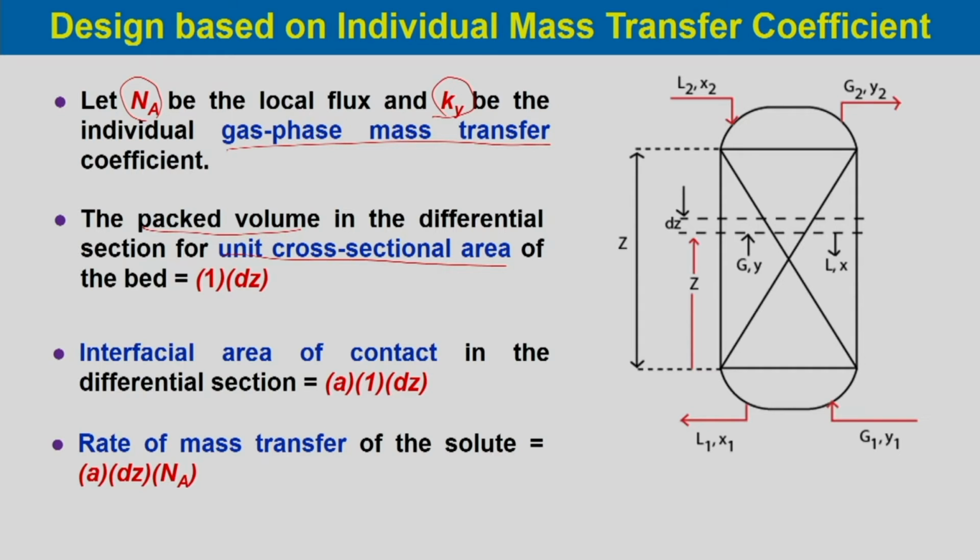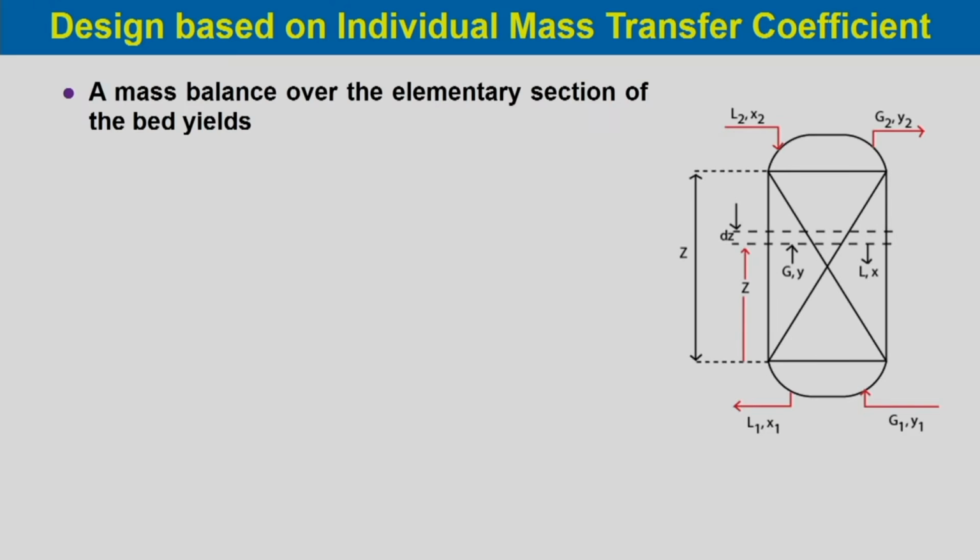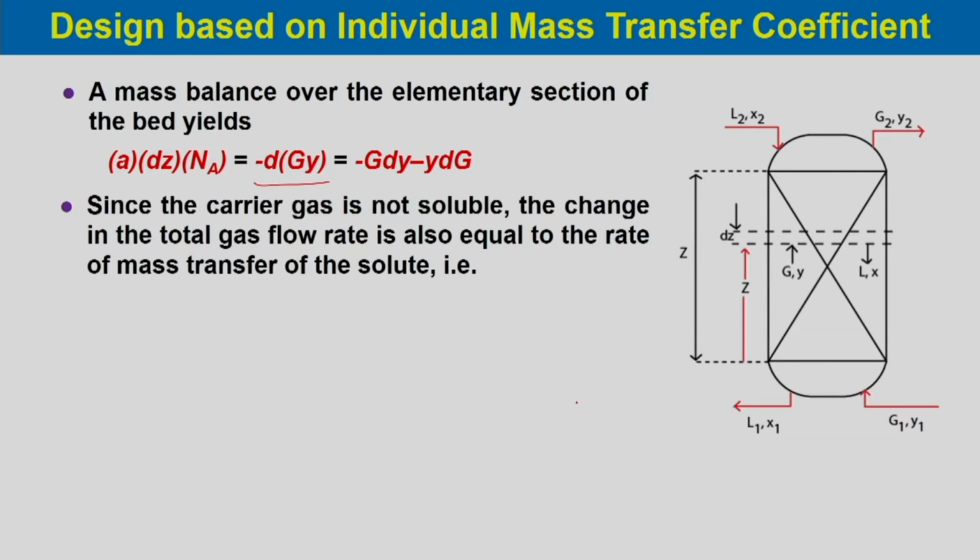Now, we know the packed volume, the interfacial area of contact and also the rate of mass transfer. So, a mass balance over the elementary section of the bed will yield a dz Na equal to minus d(Gy), which is equal to minus G dy minus y dG. Since the carrier gas is not soluble, the change in the total gas flow rate is also equal to the rate of mass transfer of the solute.